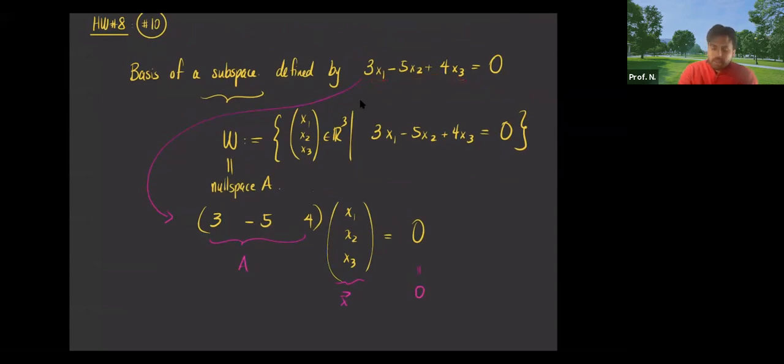What do we know immediately? What's the rank of A? Well, if you find a row reduced echelon form of this, you divide everything by 3, and you get 1, -5/3, 4/3. Rank of A is only 1 leading 1.